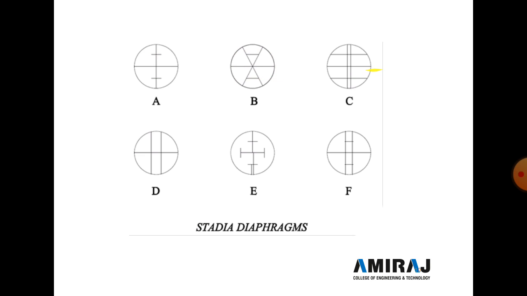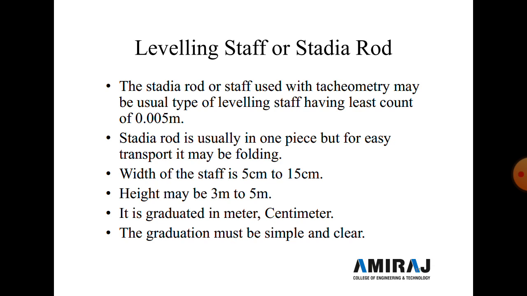Here central crosshair, top and bottom. Here only the central crosshair is given. In this diaphragm the center, top, bottom and two side crosshairs are given. Similarly, in this diaphragm the center crosshair, then top and bottom crosshairs are given.